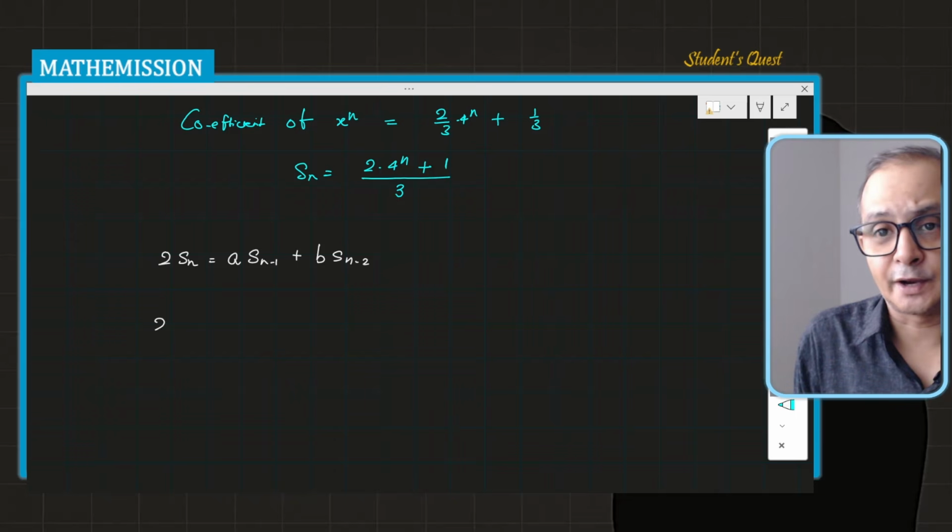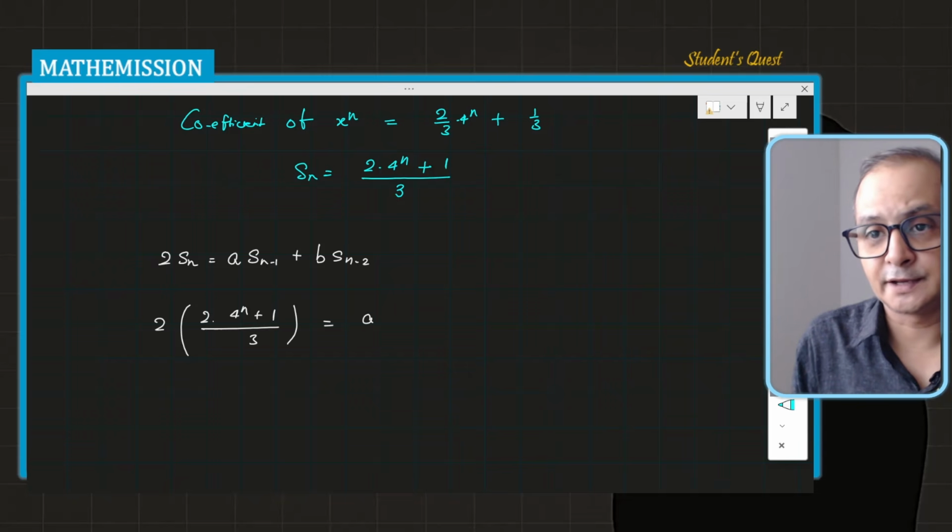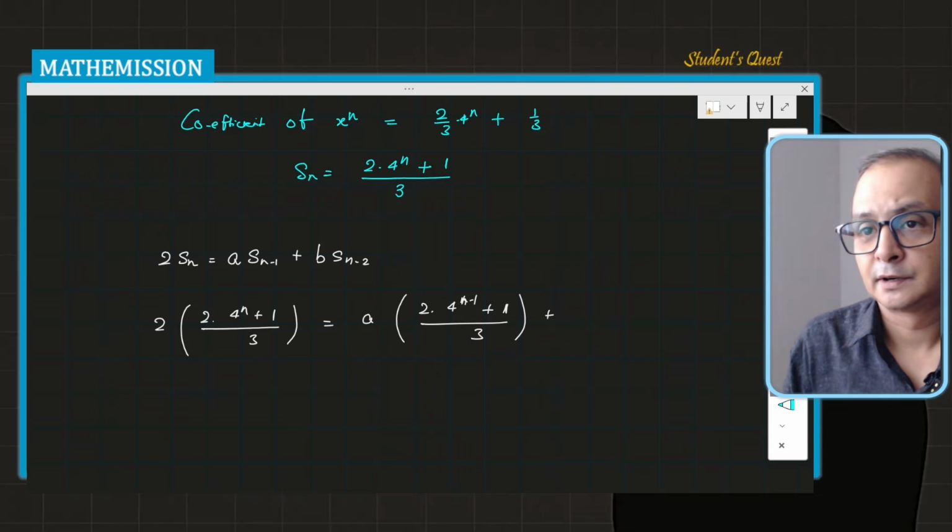I write (2 times 4 to the power n plus 1) divided by 3 is equal to a times (2 times 4 to the power n minus 1 plus 1) divided by 3, and this is (2 times 4 to the power n minus 2 plus 1) divided by 3.